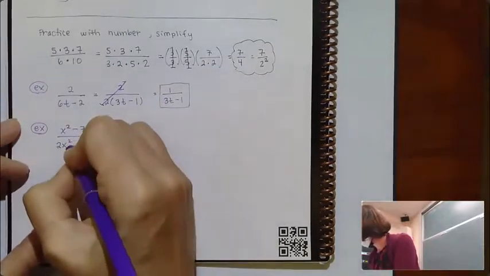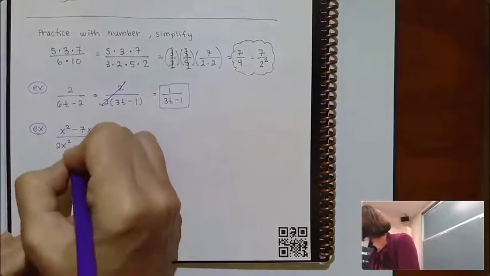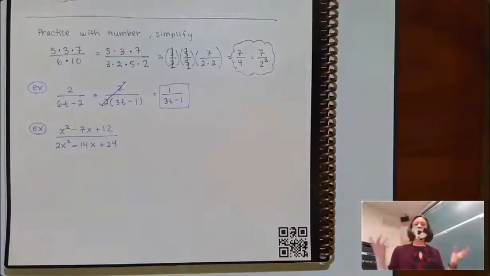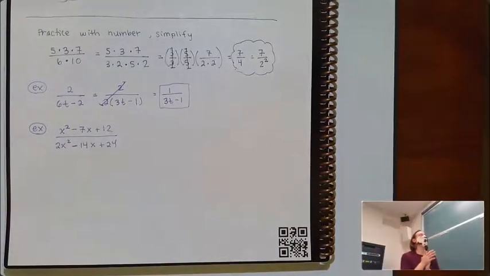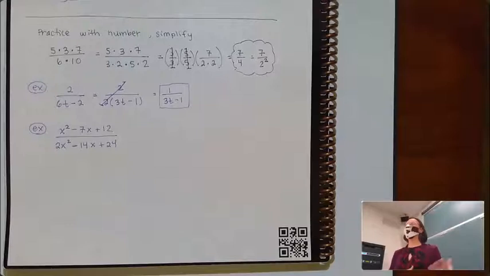Let me make that a minus. So if we're trying to reduce this to lowest terms, or sometimes the instructions are just going to say simplify, that very first step is to hope that I can rewrite everything as multiplication. So we're hoping that things factor. So I'll give you a minute to try it on your own.